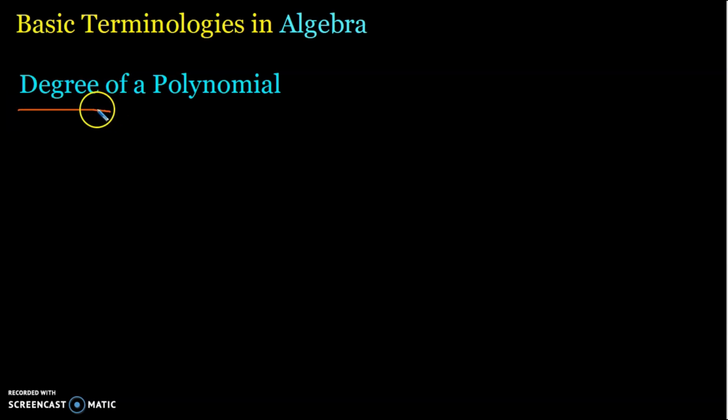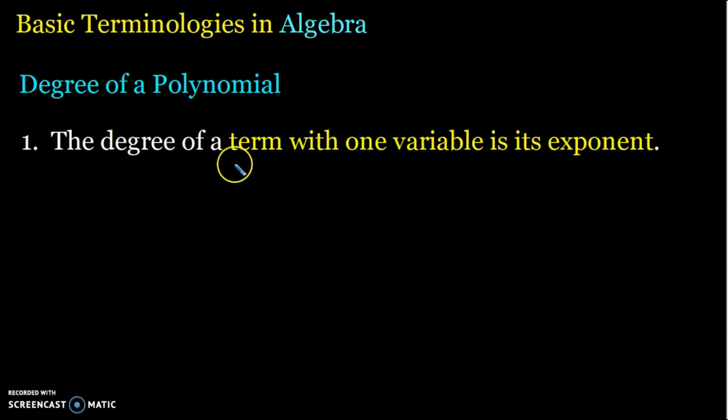Just like in identifying an expression as a polynomial, we focus on the variable. You have to be guided by the 3 rules in determining the degree of a polynomial. The first rule is that the degree of a term with one variable is simply its exponent.